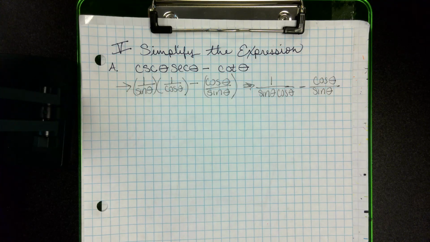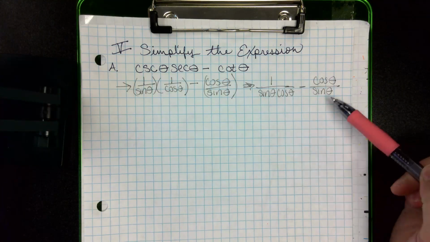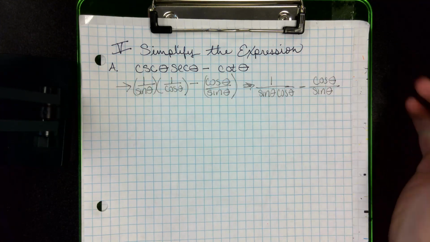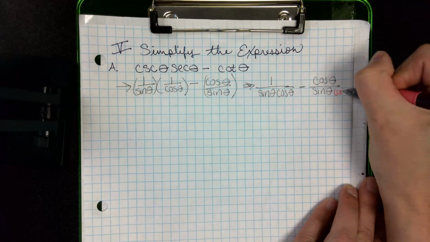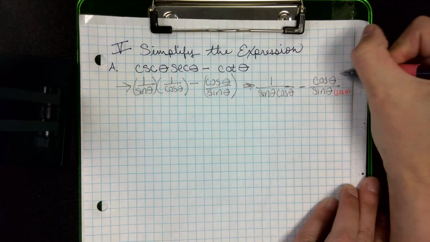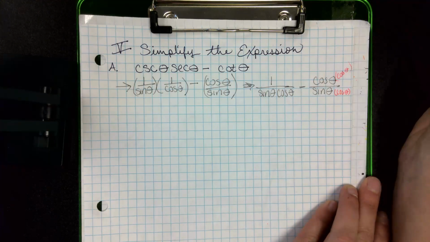So now I have 2 fractions, and I'm subtracting. If I want to subtract fractions, I need a common denominator. The left side has sine cosine. The right side only has sine. So that means I need to multiply the right side, top and bottom, by cosine theta, so that they have a common denominator.